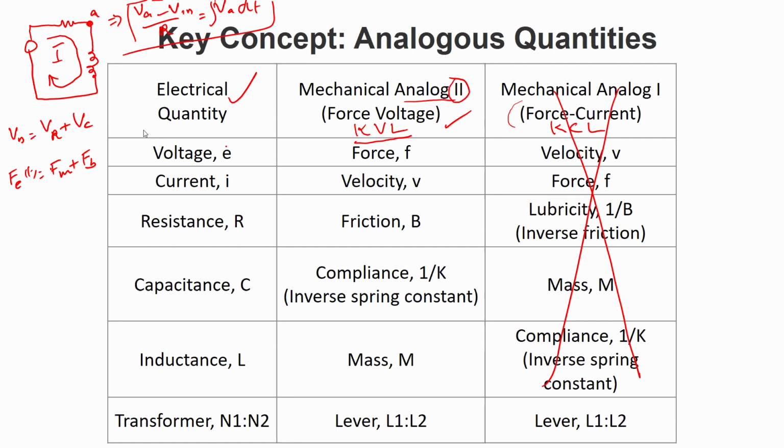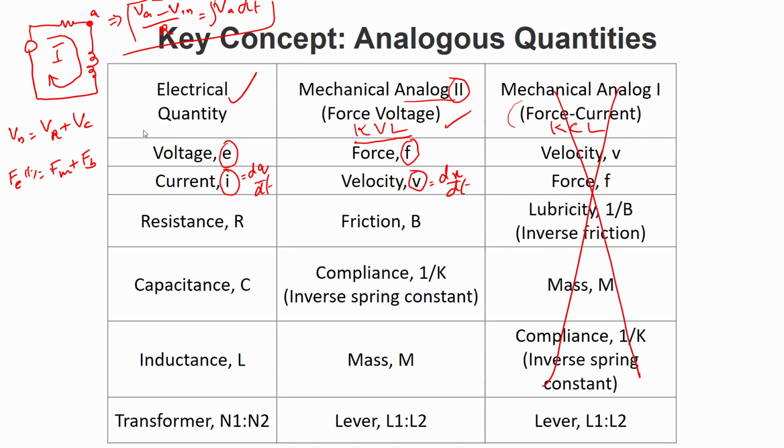So if there is a voltage, that corresponds to mechanical force. If there is a current, that corresponds to velocity. And do not forget, velocity is dx by dt. The current is equal to dq by dt. So the fundamental element in the mechanical system is a displacement or a distance.